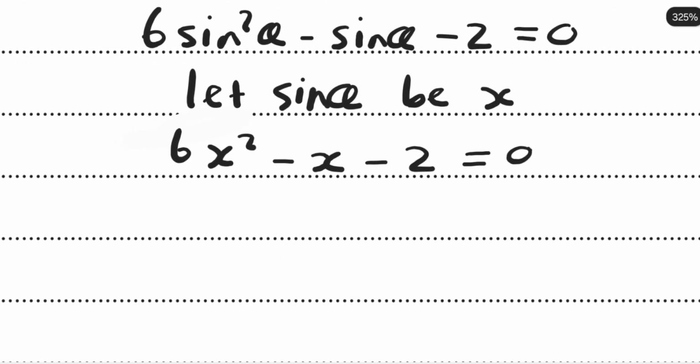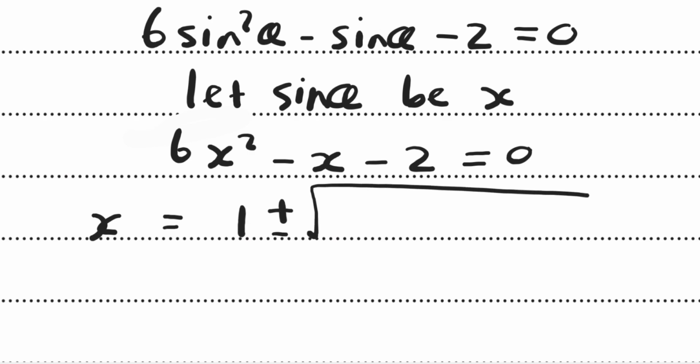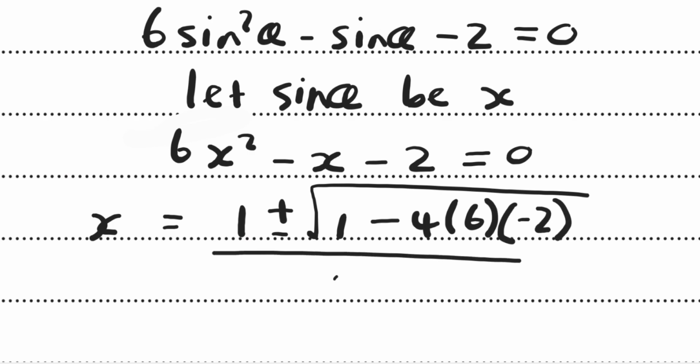And to solve this quadratic equation, we are going to use the quadratic formula, meaning x equals 1 plus or minus root of 1 minus 4ac, all over 2 times 6, 2a.